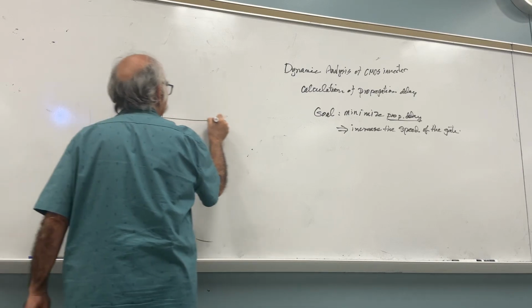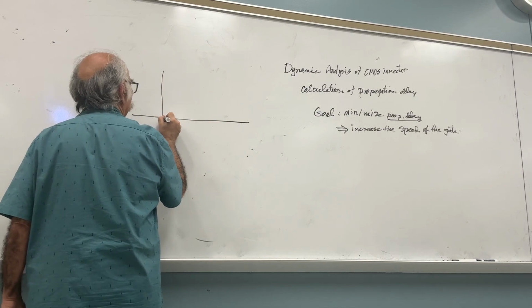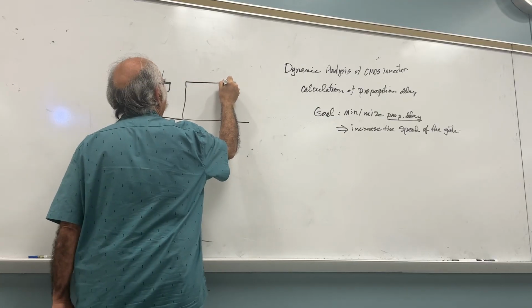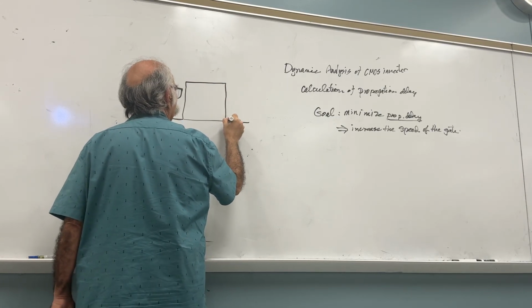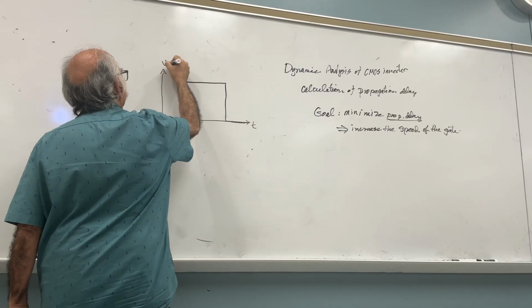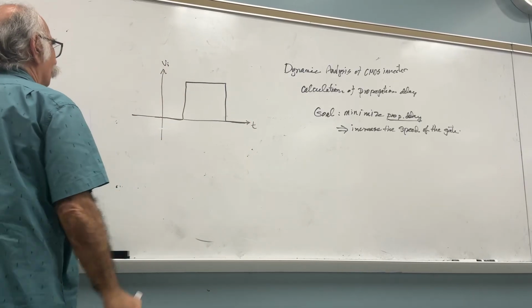Now, let's first of all define what we mean by the propagation delay. This is the input. Let's assume the input goes from low to high, and then back to low. Look at the output.